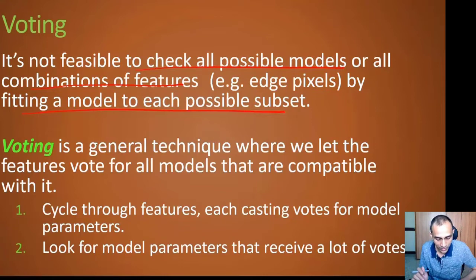The thing is, as the name suggests, voting, we are all familiar with. We are in a democratic country, so we cast our votes to select leaders at different points of time. The idea is the same here in computer vision. In fact, voting is one of the common rules of thumb that we use whenever we are not confident about a result from one source of information. We would like to combine multiple cues and then use voting, basically the majority.